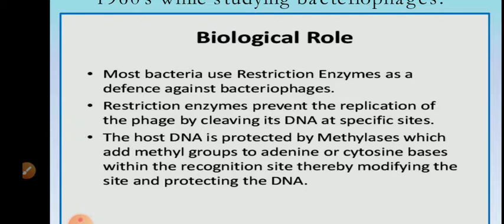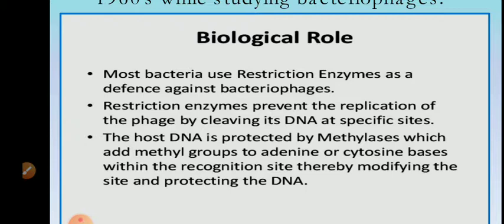Why? The host DNA is protected because of methylation. The host DNA is protected by methylases, which add a methyl group to adenine or cytosine bases within the recognition site, thereby modifying the cutting sites and protecting the host DNA.